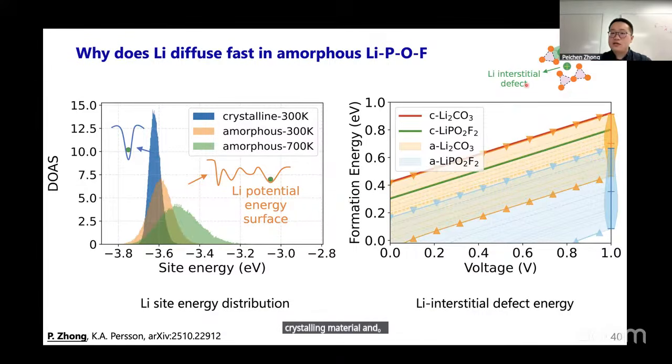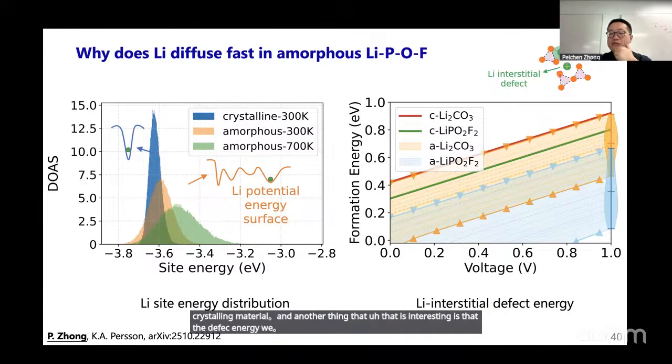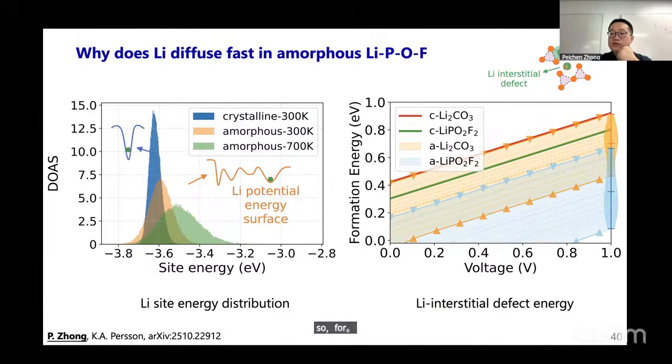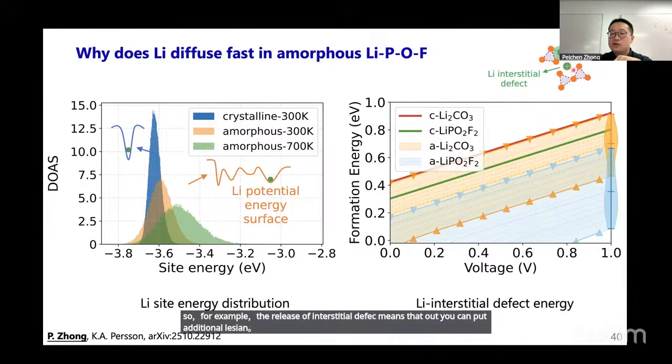And another thing that is interesting is the defect energy. We know that the materials cannot be perfect under real conditions. So, for example, the lithium interstitial defect means that you can put an additional lithium into the structure where there is a vacancy, where the local environment is vacant.